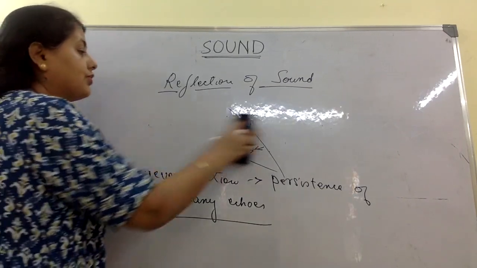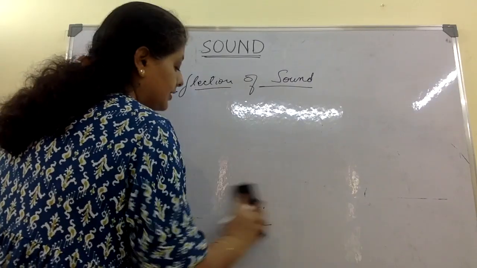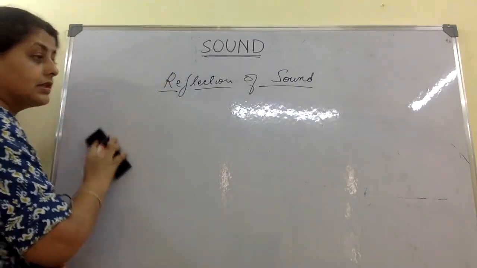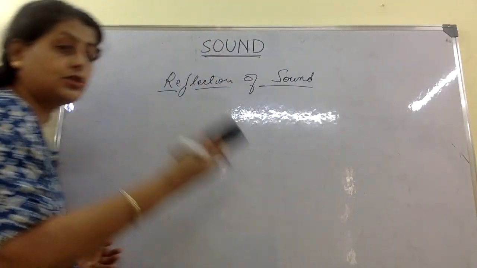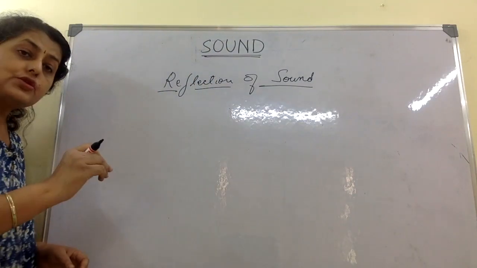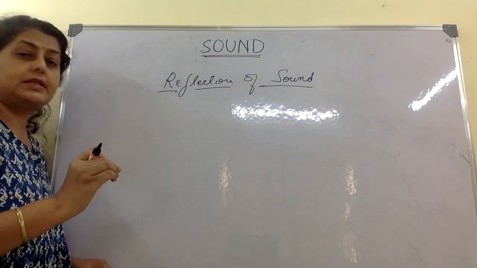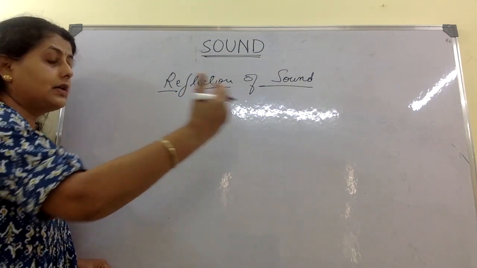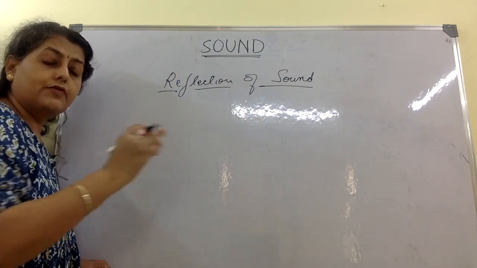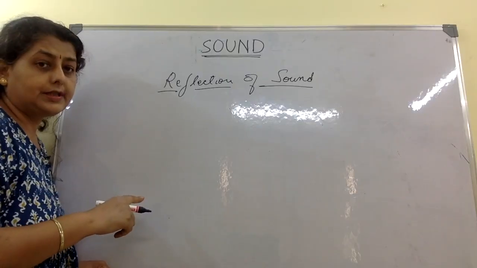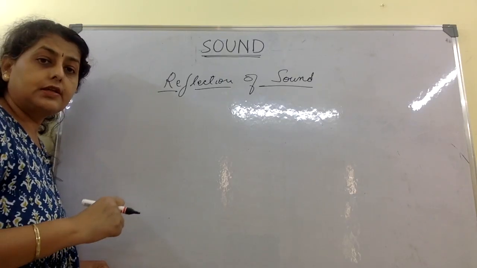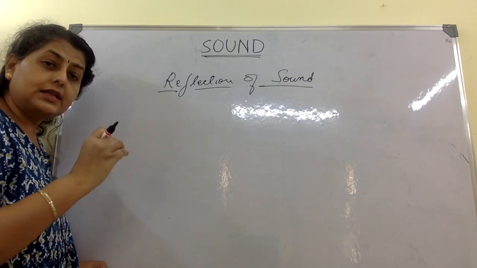Now here we want to find out what exactly should be the condition. I was just talking about how the echo has to be clear. What has to be the minimum distance of the reflecting surface for you to hear the echo clearly? Listen to this very clearly, because this is something they give in the question paper.